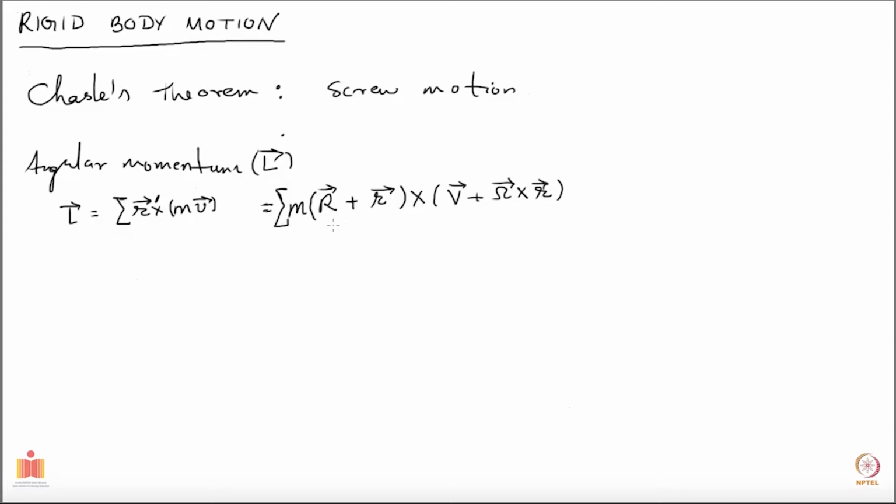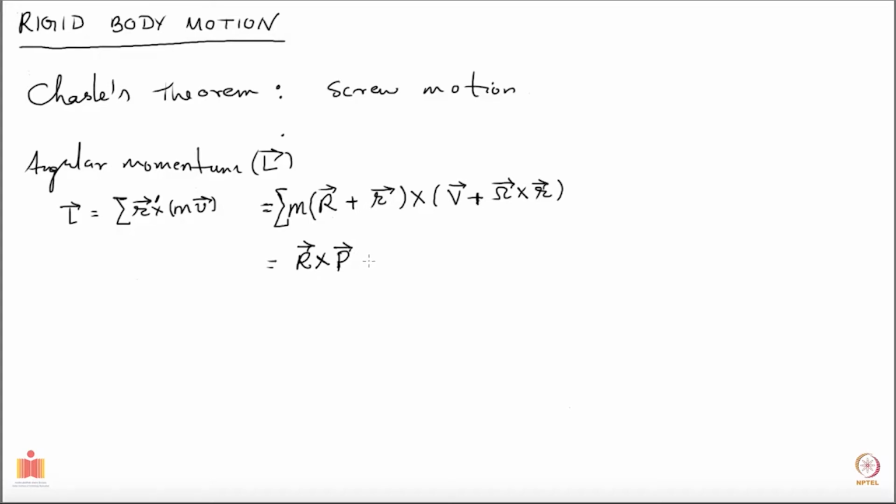Now this will give you four terms because there are two times two, four terms. The first one is R cross V. Neither capital R nor capital V depends on the label i. The only quantity in that product which will depend on i is m. So you get R cross V times the total mass, which makes the momentum of the center of mass, the momentum of this body as a whole.